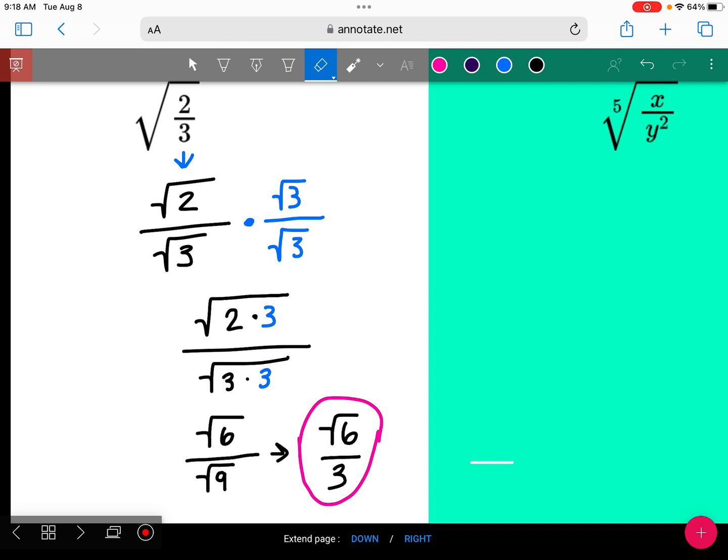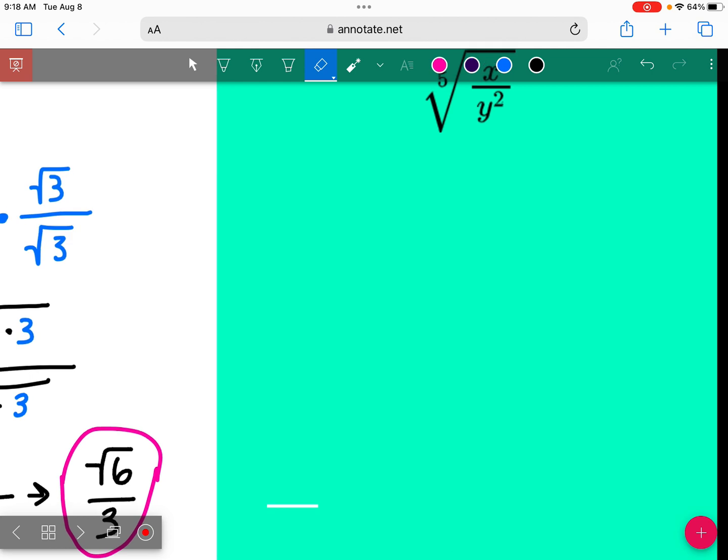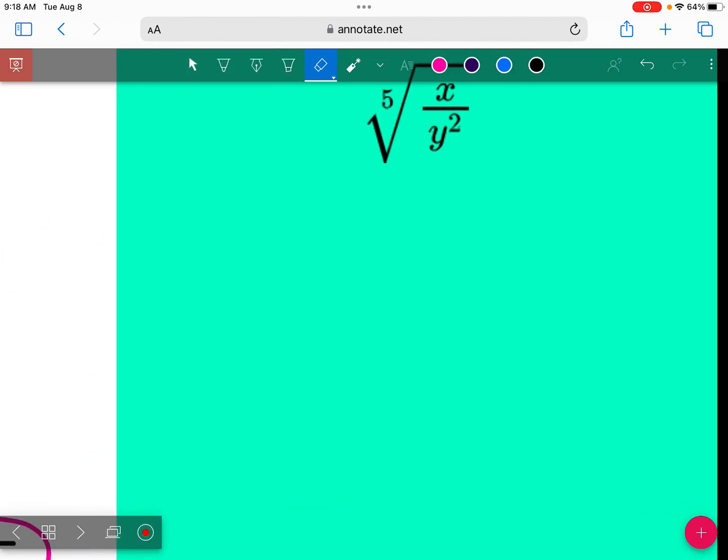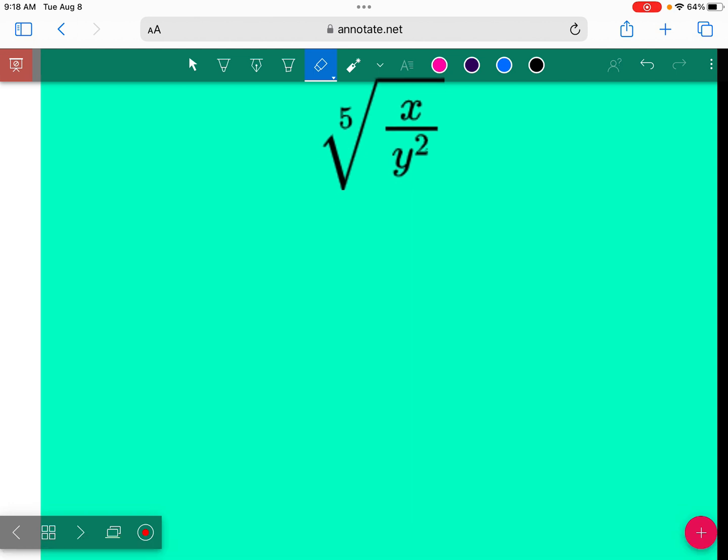Because now we have a fifth root, index of 5. I'm going to zoom it in so we can see. All right. So we're going to do the same kind of thing we did on the two-thirds. We're going to split it into its fraction.